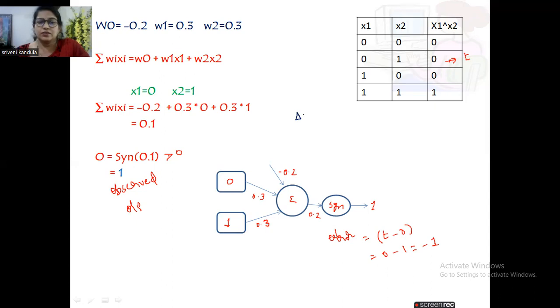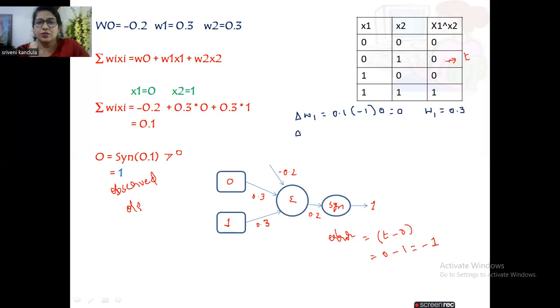If you calculate delta W1, the eta value we have taken as 0.1. The same eta value we are taking, multiplied with the error value T minus O, that is minus 1, and multiplied with the input 0. So this is 0, so there will be no change in W1. It remains the same, 0.3 plus 0, which is 0.3.